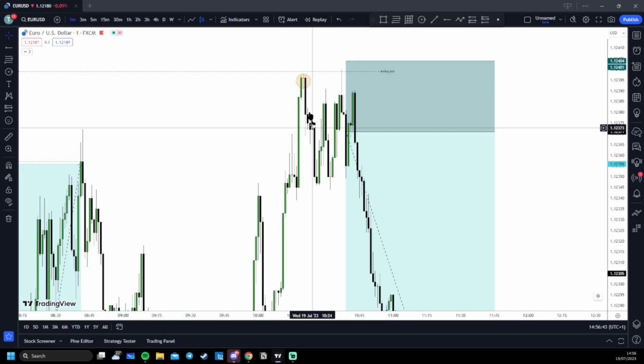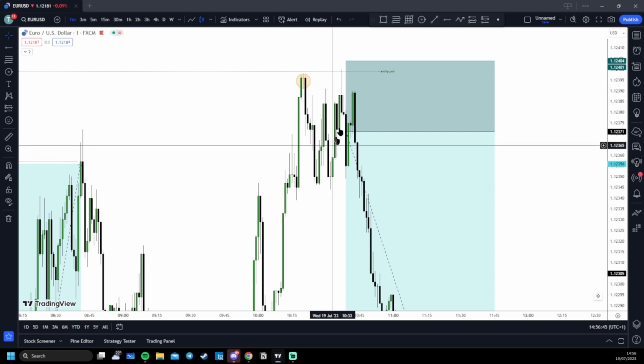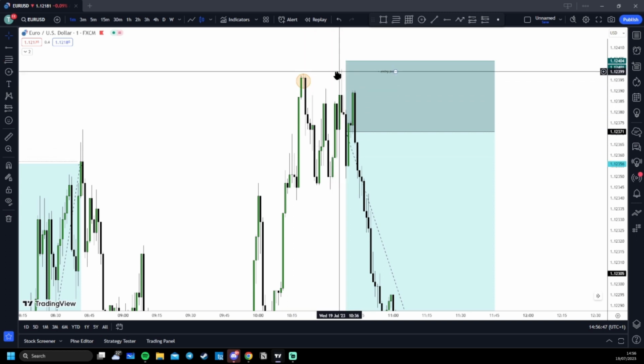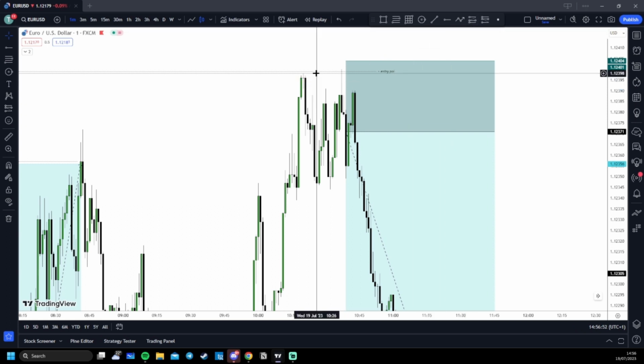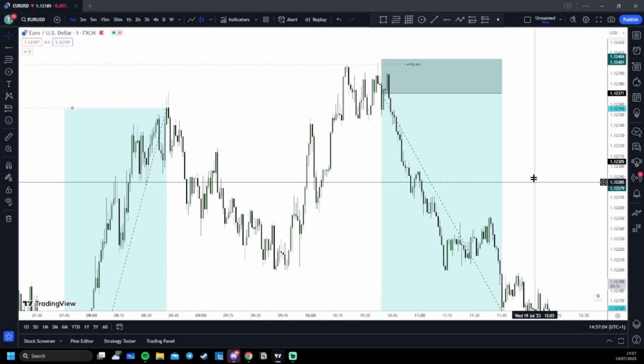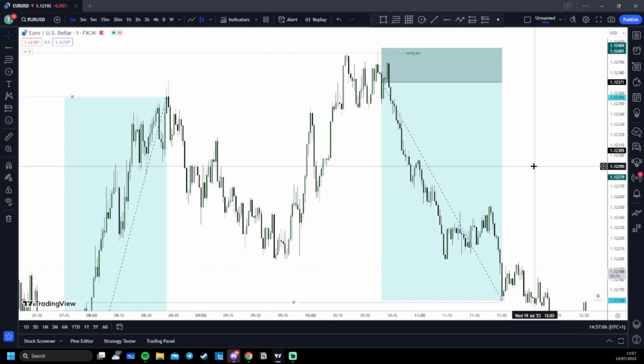All this inducement and faking out before this swept the liquidity by entering my point of interest. If you refine it correctly every time, you'll notice that all the inducement happens before even hitting it, so you don't need to worry about it, because you're always waiting for it to get hit before you even contemplate entering anything. Does that make more sense?